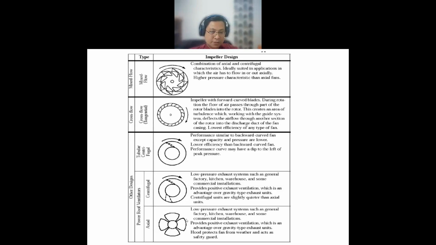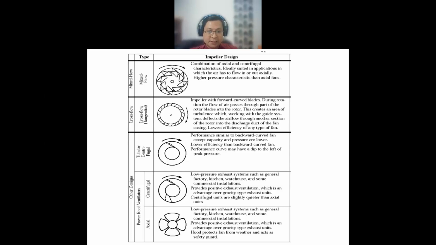So now we go to the axial. Axial, as we learned in the previous slide, the direction is similar to the shaft direction, meaning that the flow will go from the axial direction.